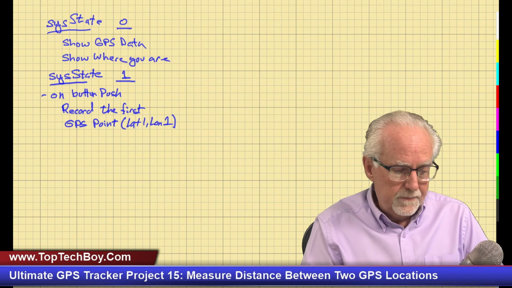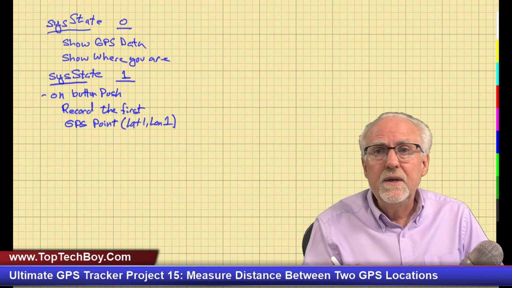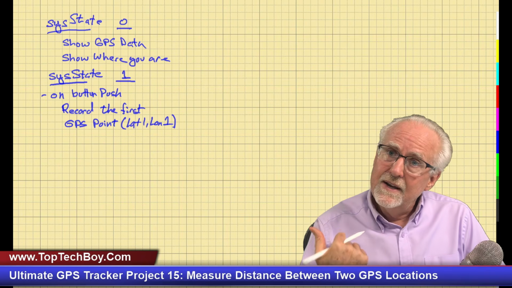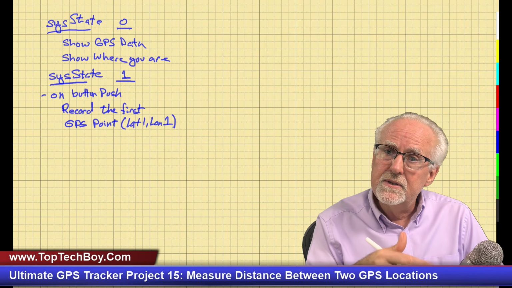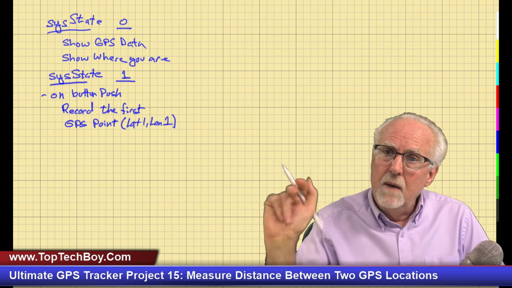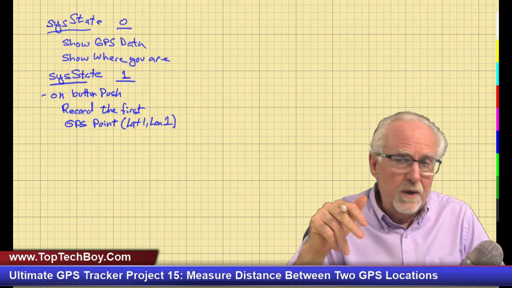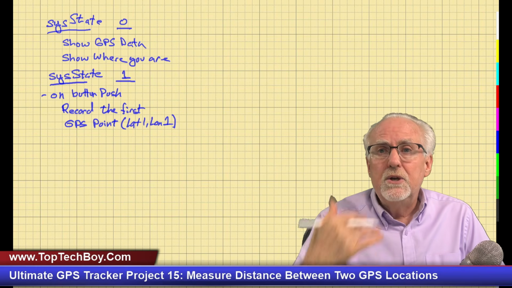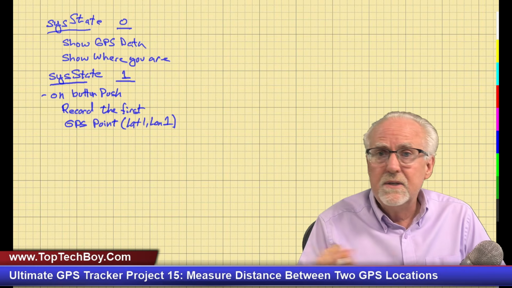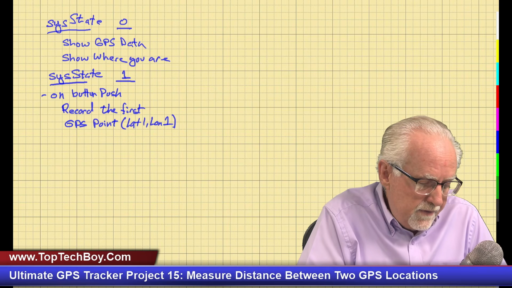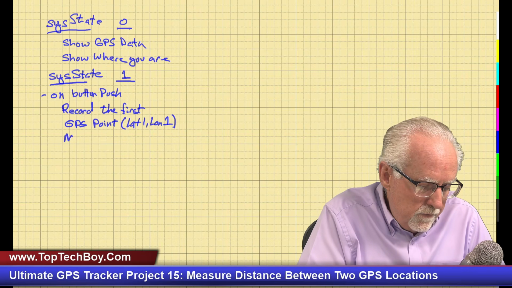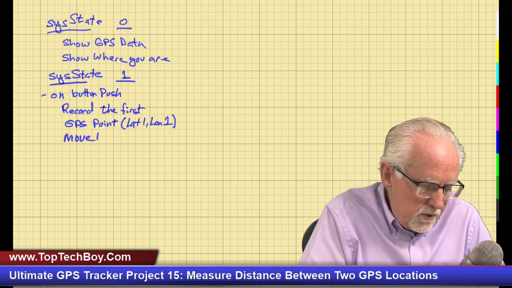Okay, now that we're in sys-state 1, we've got to get out of it, because if we just stay in sys-state 1, it's going to keep updating that GPS 1 point. It's going to keep updating lat 1, lon 1. So we want to jump out of sys-state 1. So this is not on a button push. This is just move to sys-state 2.